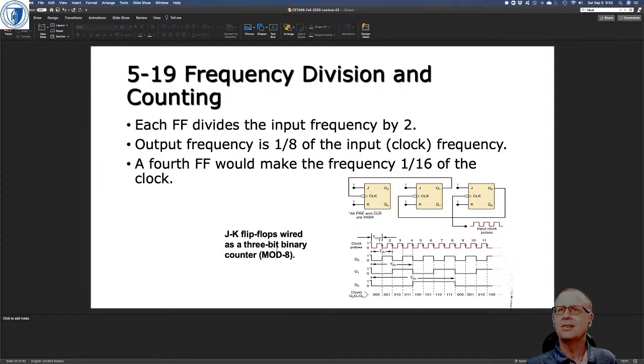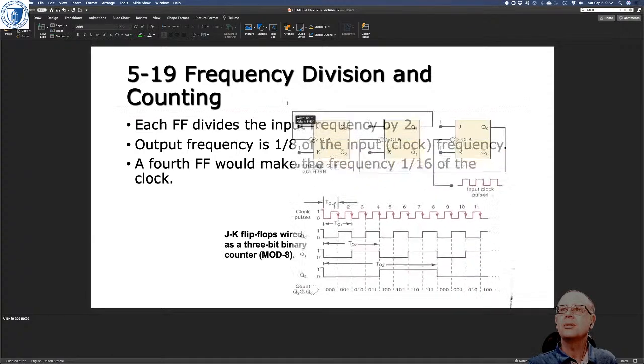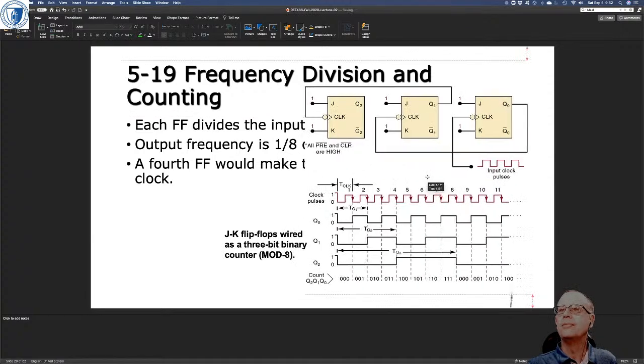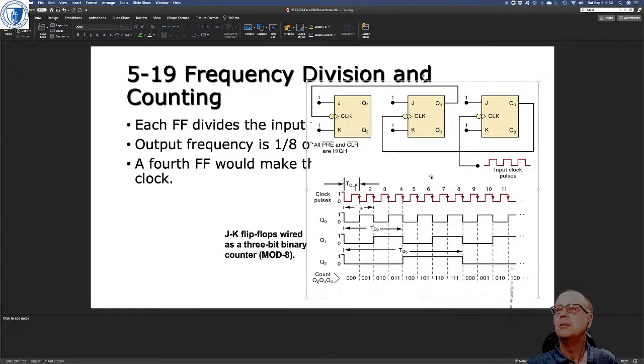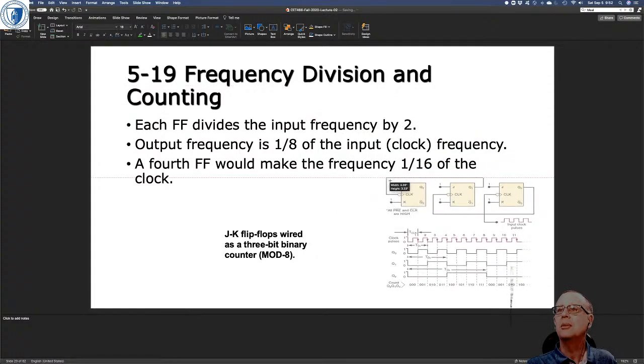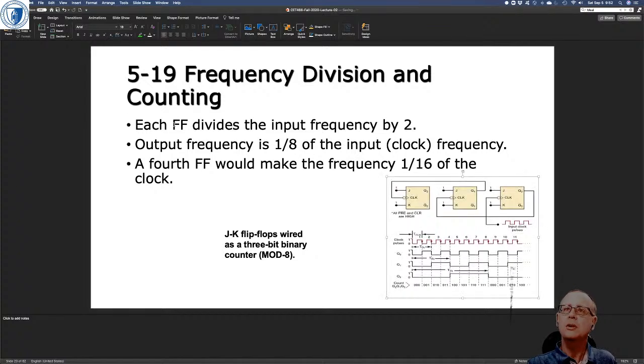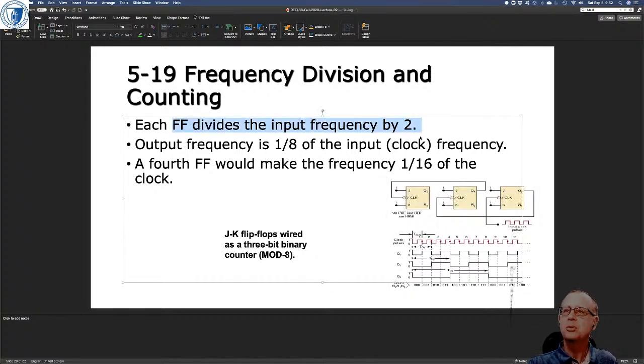One way to think about a flip-flop is as a 1-bit memory device, right? So when we've got 3 flip-flops, that's a 3-bit memory device.